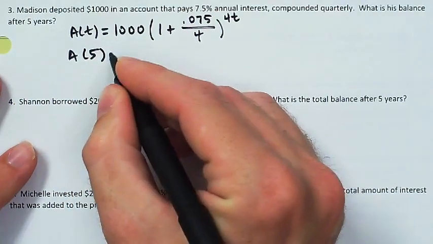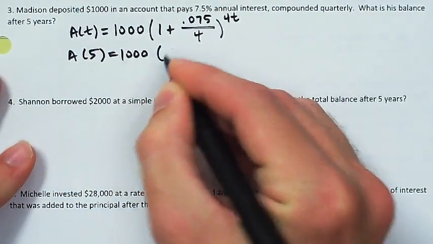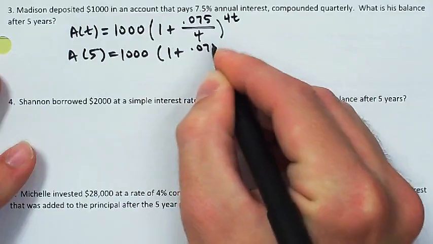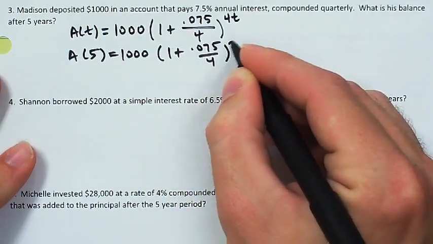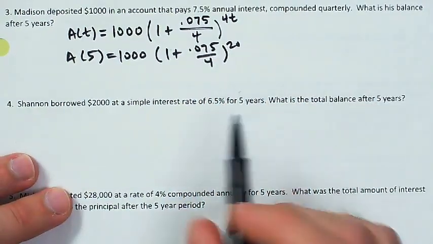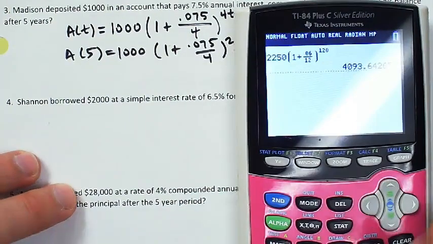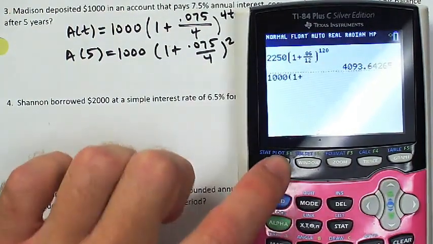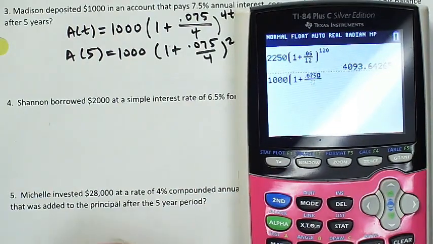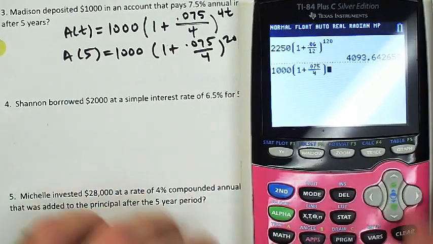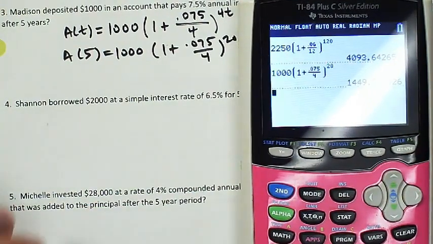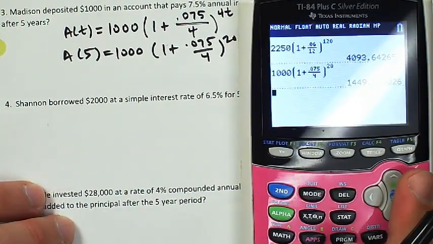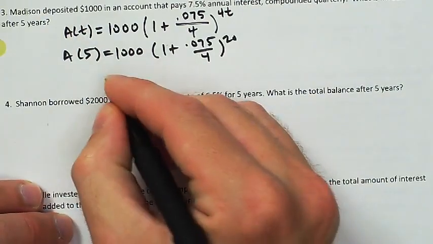A of 5 is going to equal 1,000 times this to the 4 times 5, which is 20. To the 20th power, I get $1,449.95.